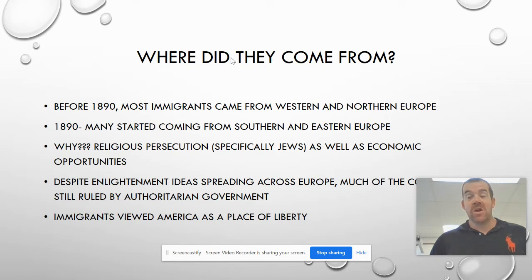They viewed America as a place of liberty, thinking that in America we can practice the religion that we follow. Whereas in the country they lived in, particularly places like Russia, Judaism was looked down upon, and so they wanted to move and come to America to practice their desired religion.